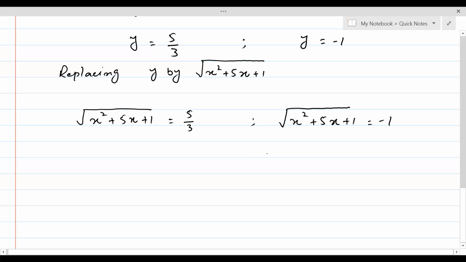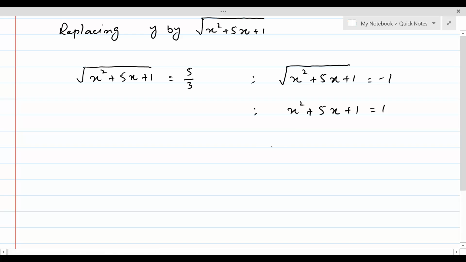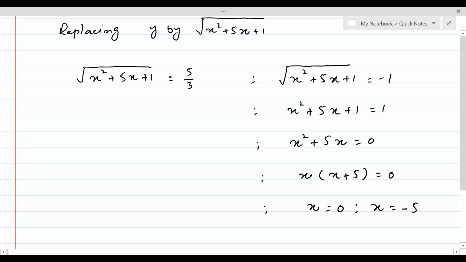So taking square on both sides, this will give us x square plus 5x plus 1 equal to 1. 1 can be cancelled on both sides, and we have x square plus 5x equal to 0. If we take x common, that will give us x times x plus 5 equal to 0. Means x is equal to 0 or x is equal to minus 5.